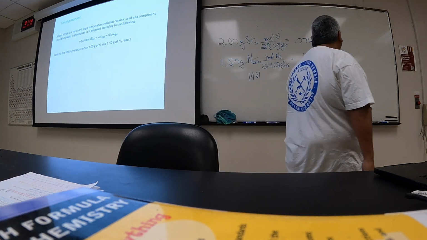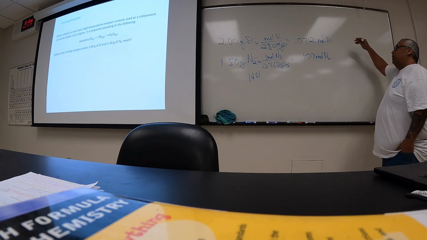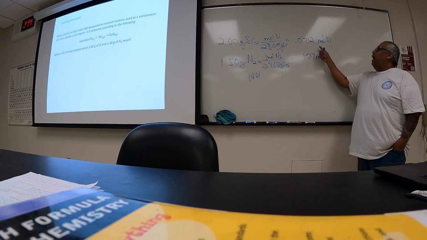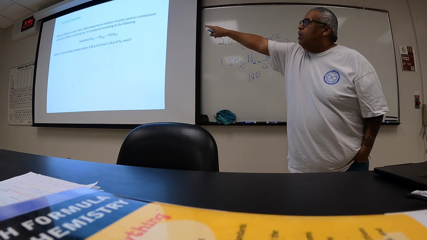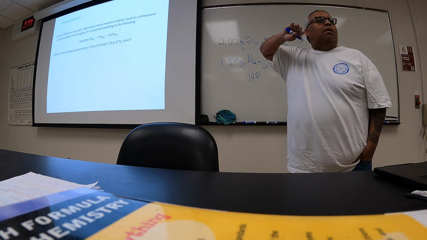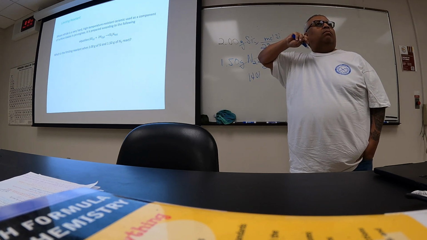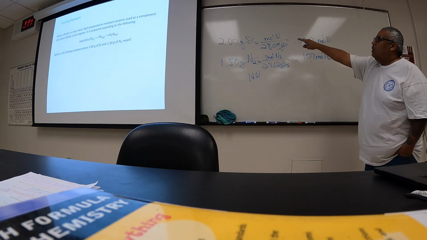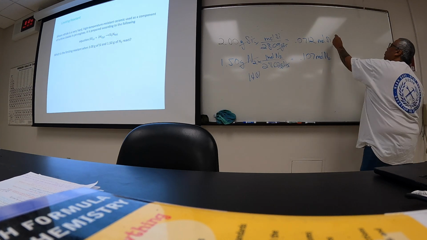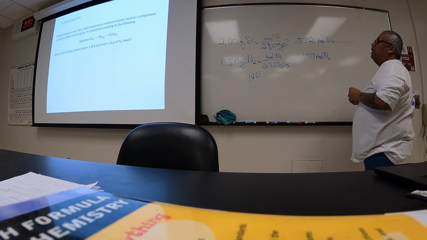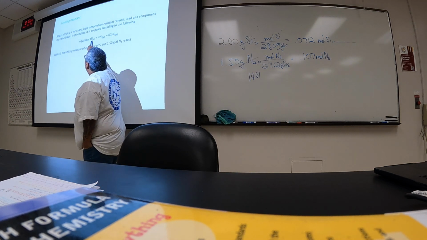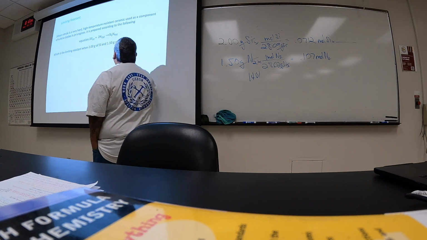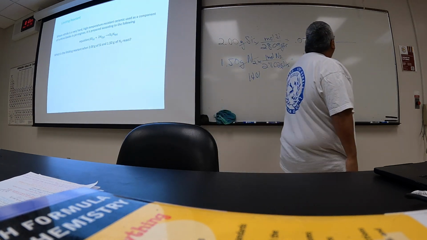All right. So now that we have the moles of these, how many moles of the silicon nitride am I going to get from that if I use 2 grams of silicon? We're going to use the stoichiometric factor. What is the stoichiometric factor from 3 silicon and just simply 1 silicon nitride?